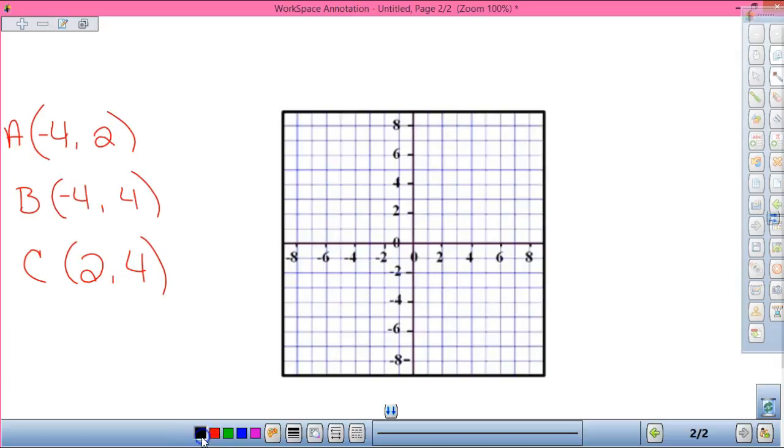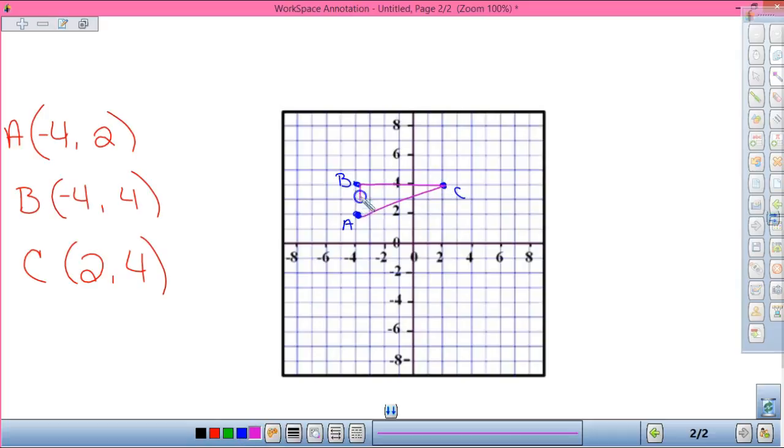Alright, so if I do this, -4, 2 is right there, right? A, -4, 4 is B, and 2, 4 is C. Right? Yeah.